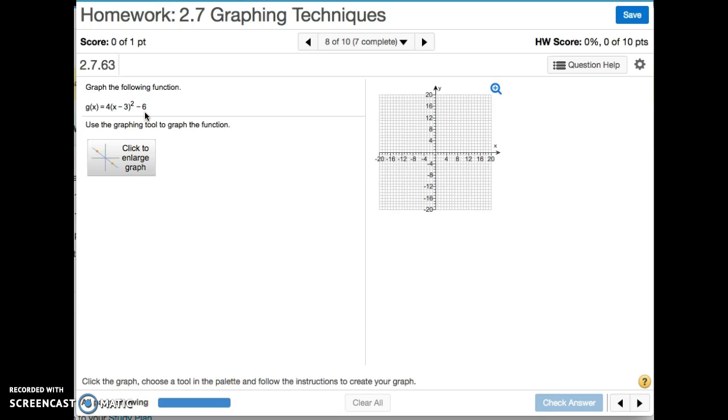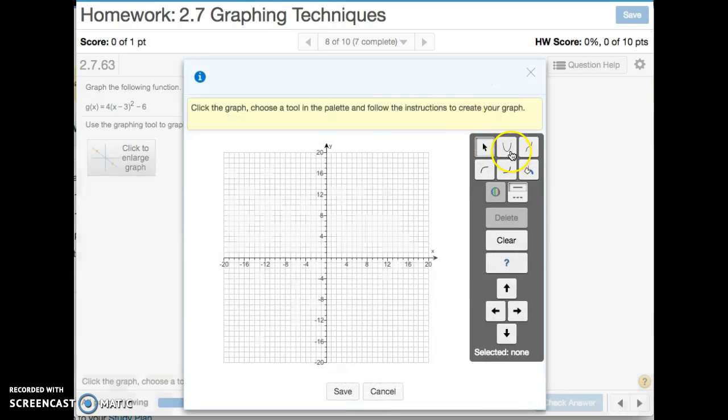So the vertex is going to be located to the right 3, down 6 of the origin. So 3, -6 is our vertex. Now the 4 in front of the quantity x minus 3 squared means that our whole graph has been stretched by a factor of 4. So we're going to get a really narrow graph of a parabola.